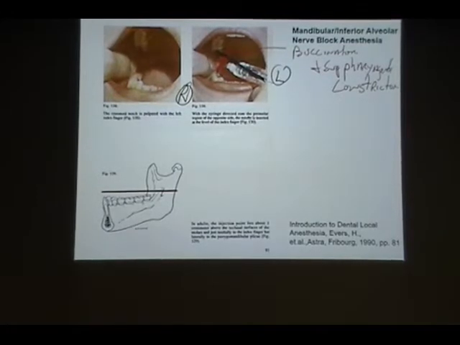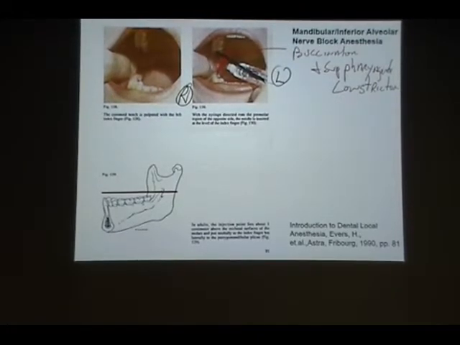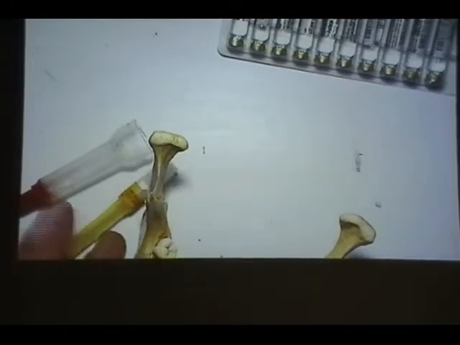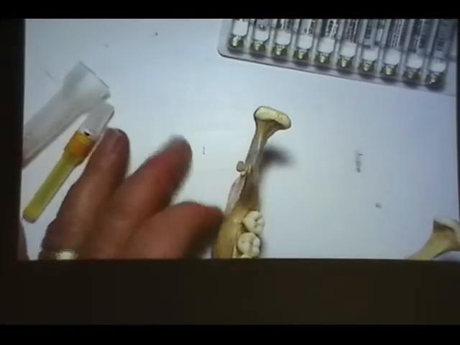So, if we look on this mandible here, if we were going to do an inferior alveolar injection, we would come typically between the two premolars.